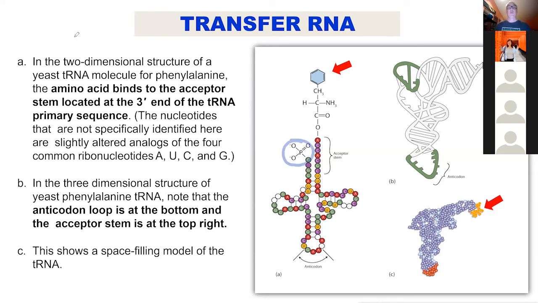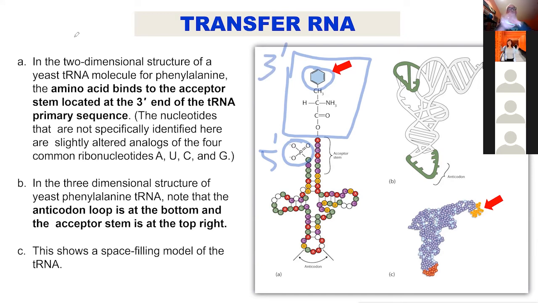And on the 3' end is where the amino acid goes. This particular amino acid is called phenylalanine, and you can see that it has a benzene ring at the end. So it's important for making hydrophobic interactions. So the 5' end has the phosphate, the 3' end has the amino acid.